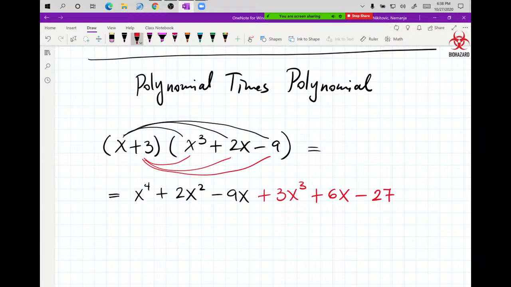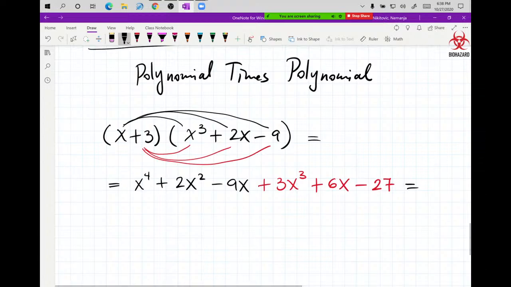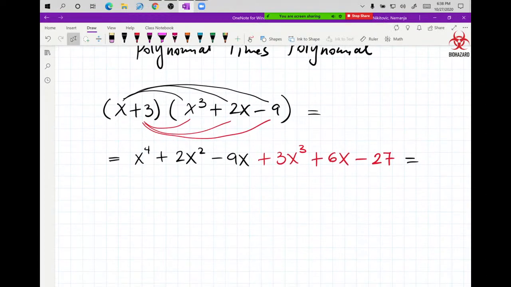Minus 27. All right, so now we have to use the like terms to group those, and we can only group this and this, right? Everything else is different. All right, so descending order.